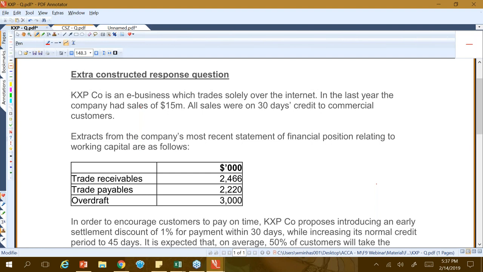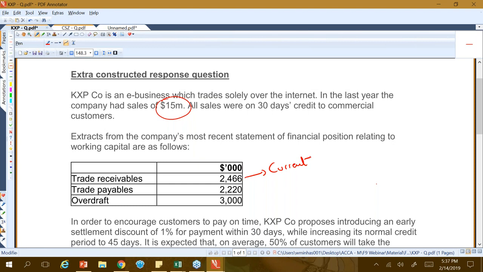So this is the original credit days given, 30 days, and the sales are $15 million. The extracts from the company's most recent statement of financial position relating to working capital are as follows. We have receivables, payables, and overdraft. The current receivables balance is 2466.